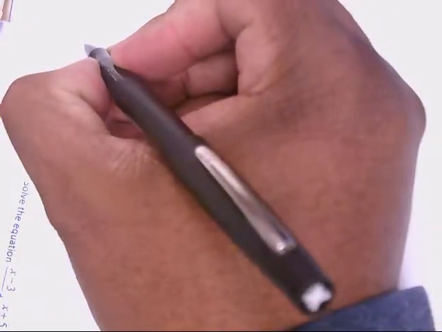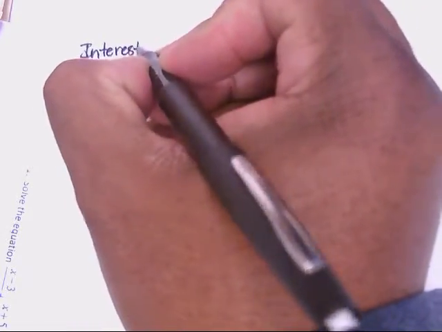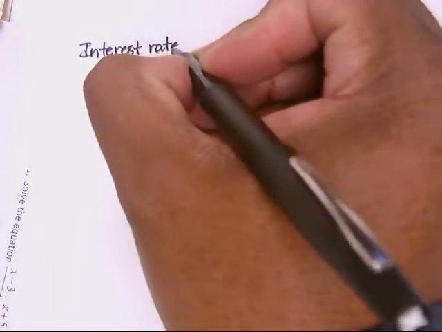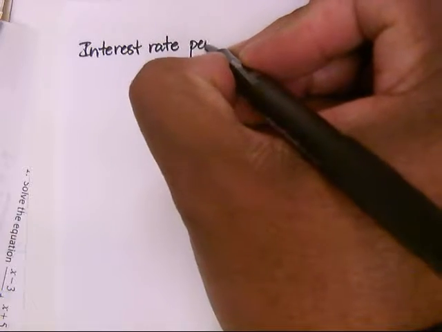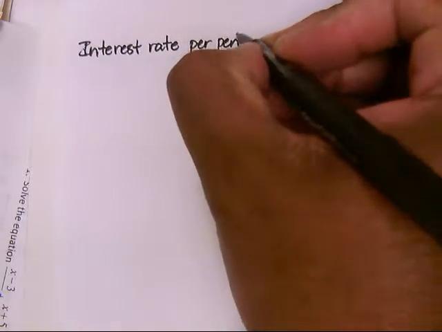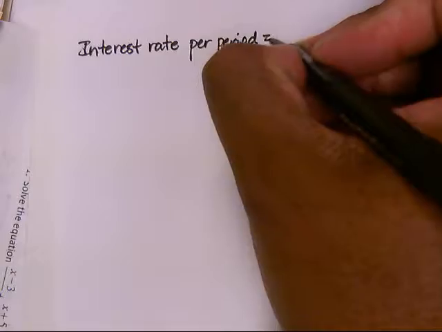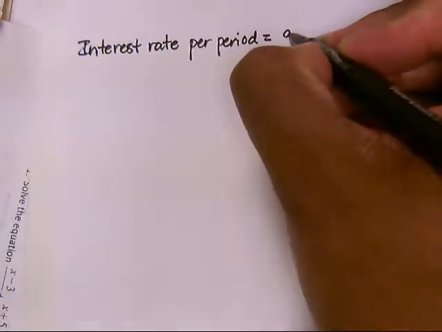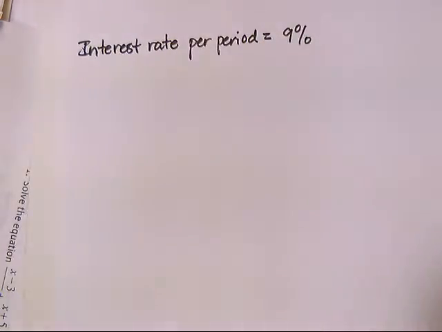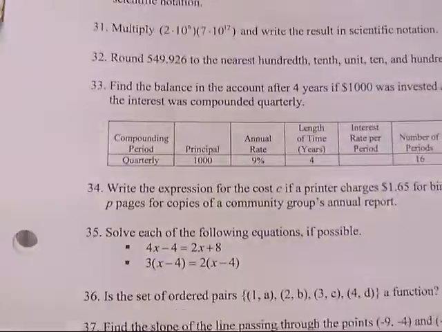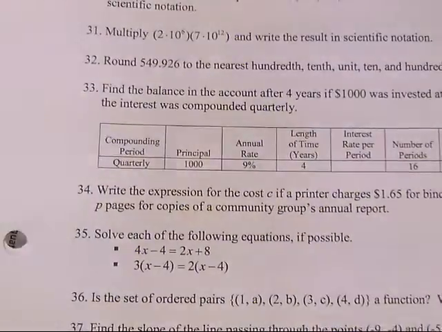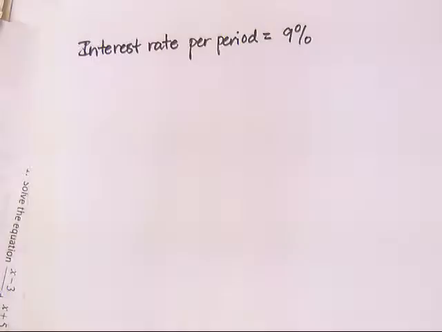Alright, we need to find out the interest rate per period. Now, the interest rate, of course, was given to you as 9% in the problem. If it's compounded quarterly, that means that there are 4 compoundings in a year.